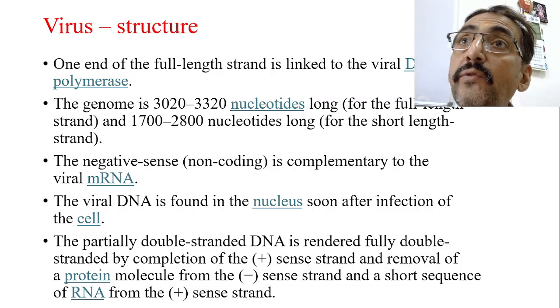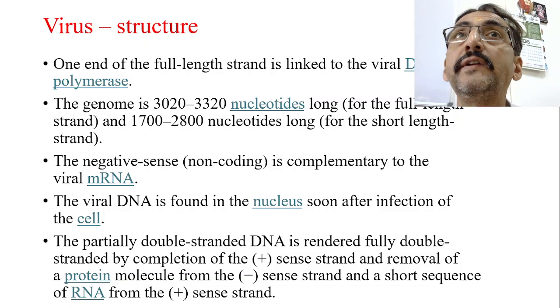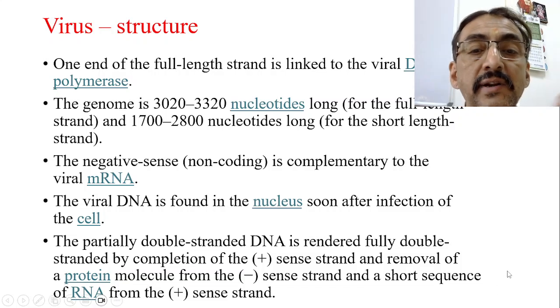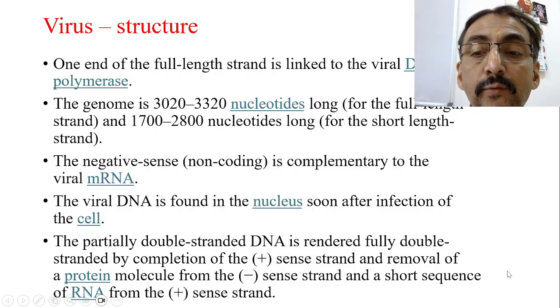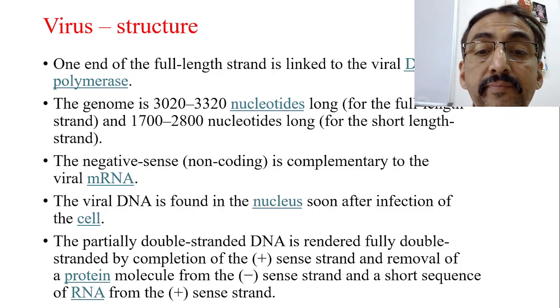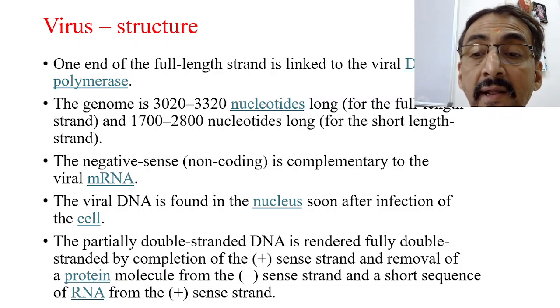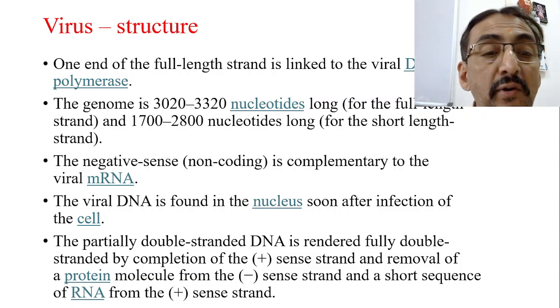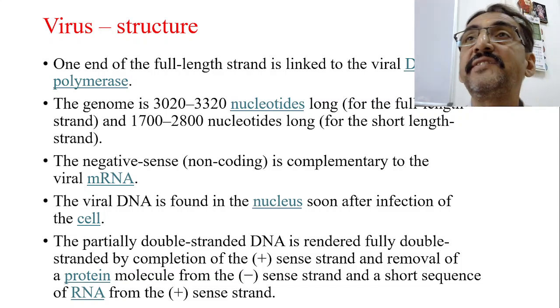Now this DNA will use the machinery of the hepatocyte for further duplication. That's the interesting thing. The partially double stranded DNA is rendered fully double stranded by completion of the positive sense strand, and removal of a protein molecule from the negative sense strand and a short sequence of mRNA from the positive sense strand.